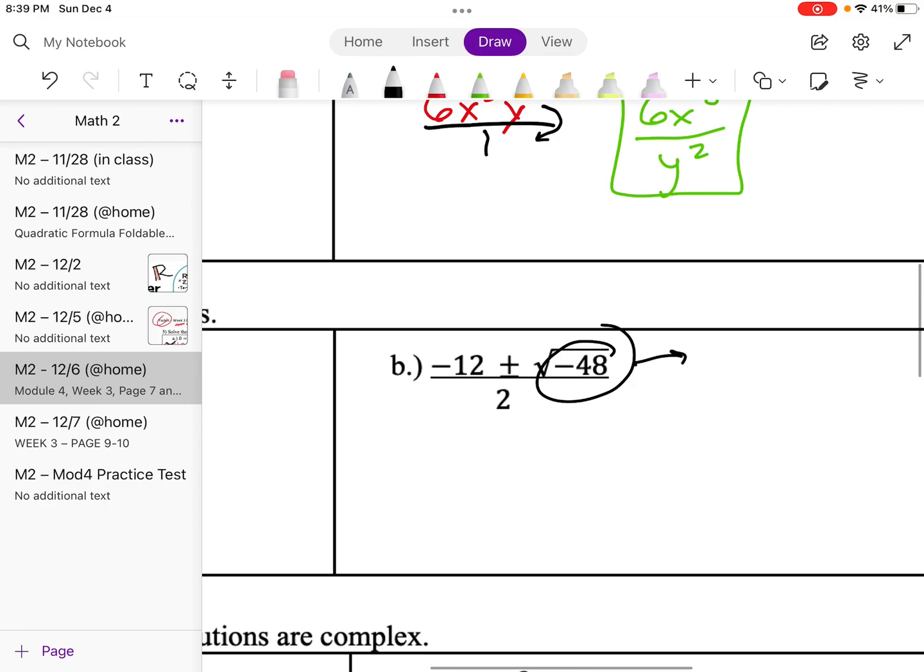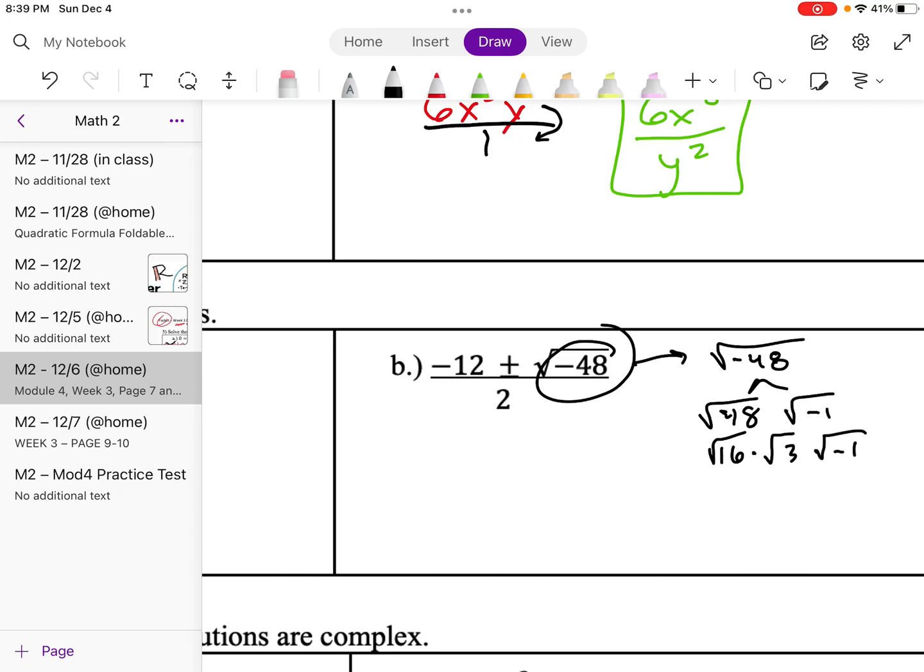Done. Next one, this one's a little bit more difficult because 48 is not a perfect square. And this becomes square root of 16 and 3.